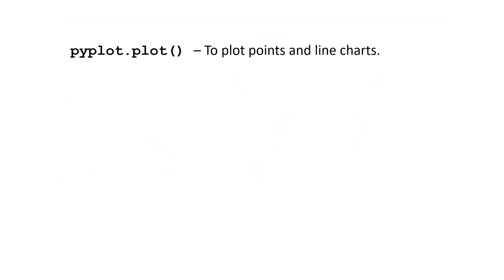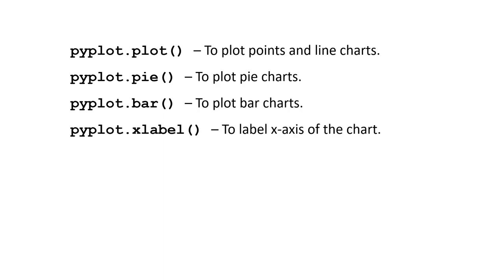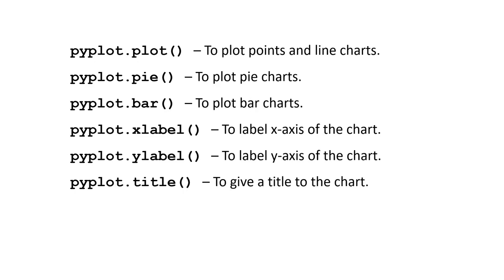Here are these functions. pyplot.plot to plot points and line charts, pyplot.pie to plot pie charts, pyplot.bar, this function plots bar charts, pyplot.xlabel, this is to label x-axis of the chart, pyplot.ylabel, this is to label y-axis of the chart, pyplot.title to give title to the chart, pyplot.show to display the chart. We shall keep ourselves to the simple level of charts. Let us now practically see how to plot charts using these functions.